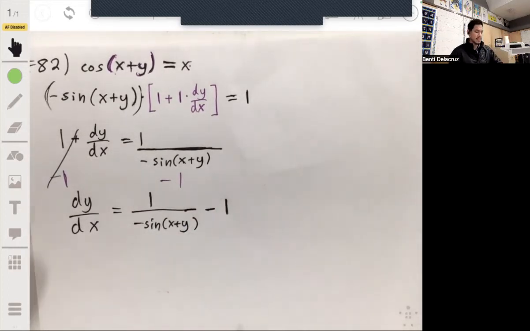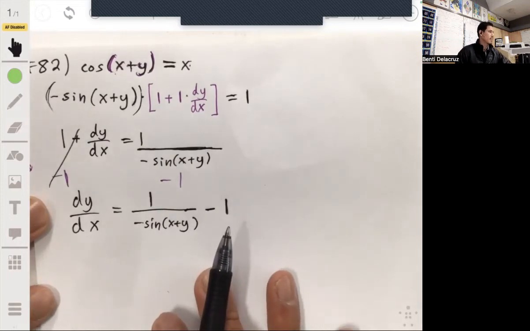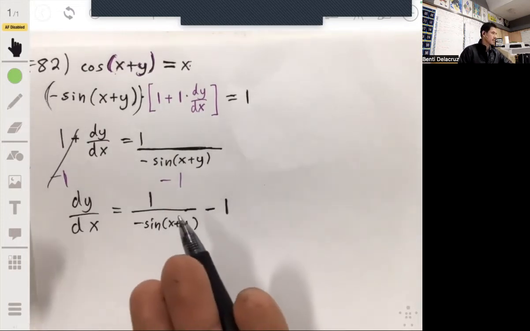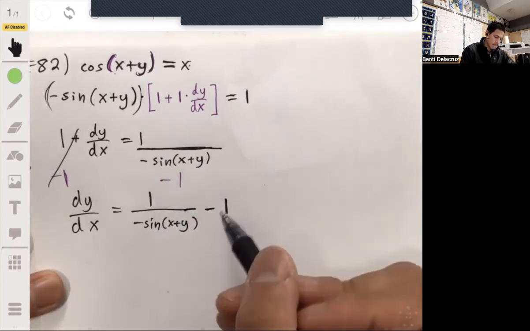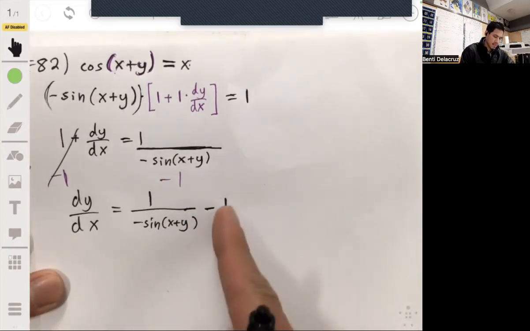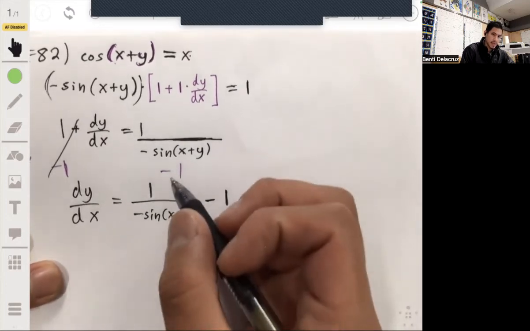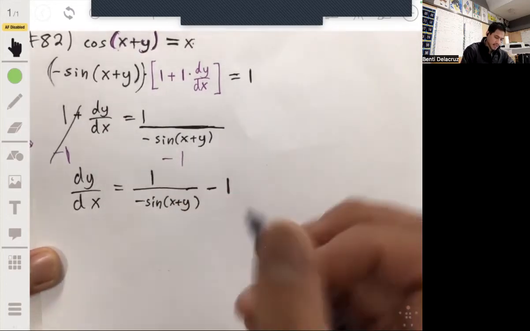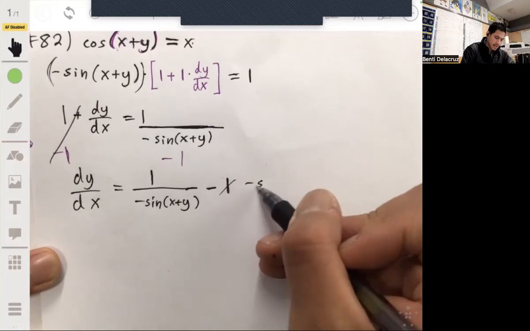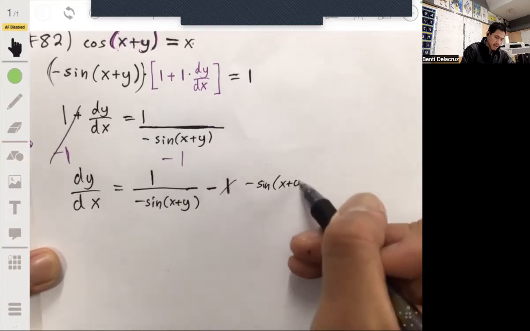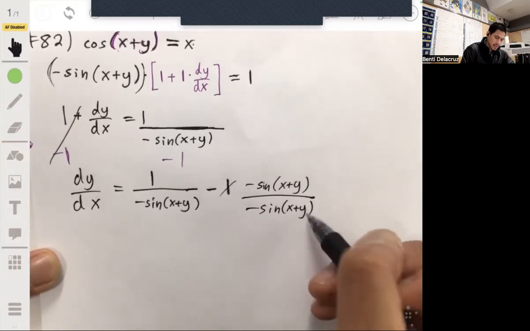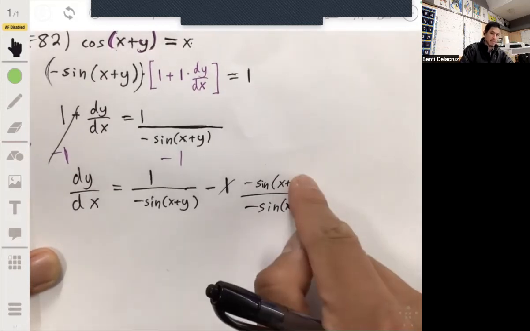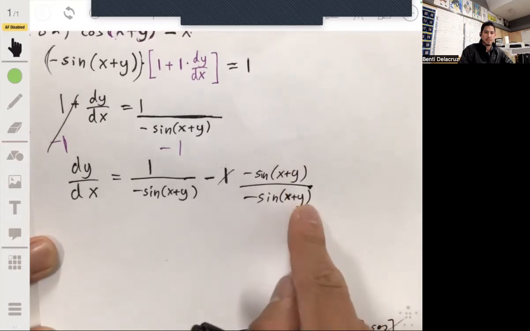And this is your final answer technically, but maybe you want to simplify. Your textbook probably won't have it like this. So what I'll do is make a common denominator here. So making this the negative sine of x plus y over the negative sine of x plus y, because remember that 1 is always equal to the same expression over the same expression.